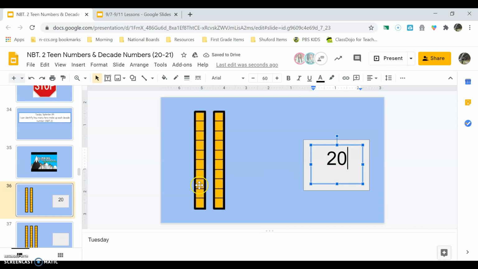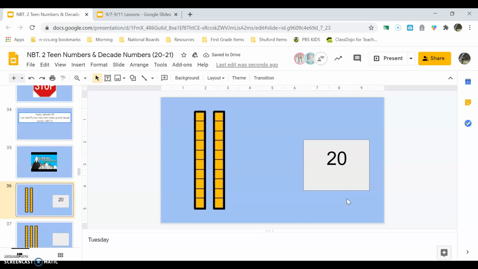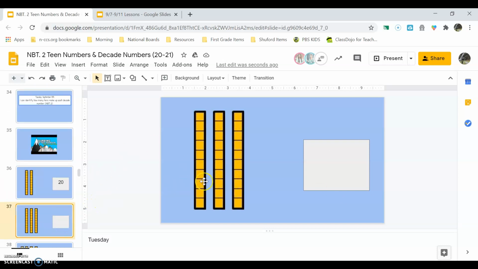Now let's look at this. How many groups of 10 do we have? 2. We have 2 groups of 10. And how many leftovers do we have? We have 0. So I have 2 groups of 10 and 0 left over. That leaves me with my number being 20, or my decade number being 20.